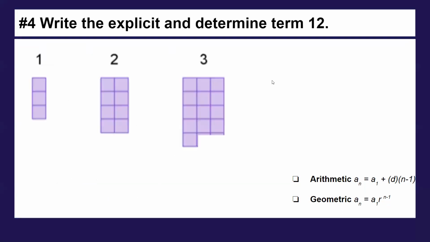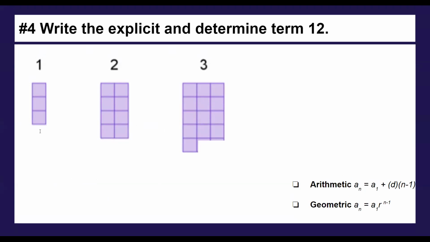All right. Now we're looking to write the explicit formula and then determine the value for term 12. So we start by identifying how many squares are in each image. First is 3, the next is 8, and the last is 1, 2, 3, 4, 5, 6, so that's 8, and 5 is 13.